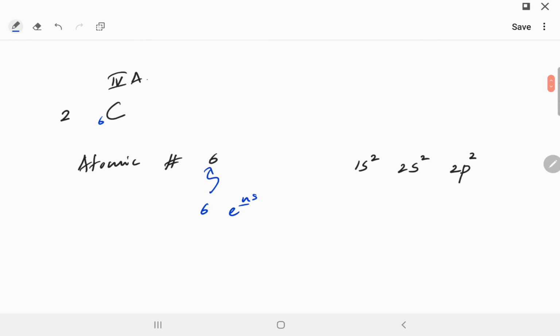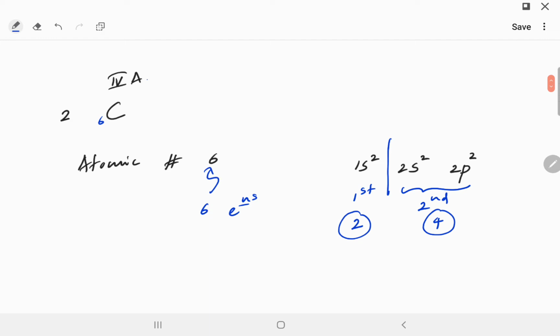And of course it is in the second period, so you are going to have two electron shells. This will be the first electron shell, and this right here is your second electron shell. The first electron shell has 2 electrons.